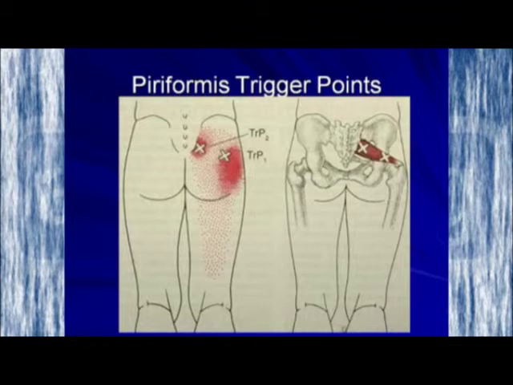For piriformis, the trigger points are overlying right where that muscle is, so it's a little bit easier to identify this as a piriformis problem when you have pain in the buttocks. Sometimes, though, it can radiate down over the posterior thigh. And so that trigger point might not even really be over the buttocks area, and it could throw you off just a little bit.